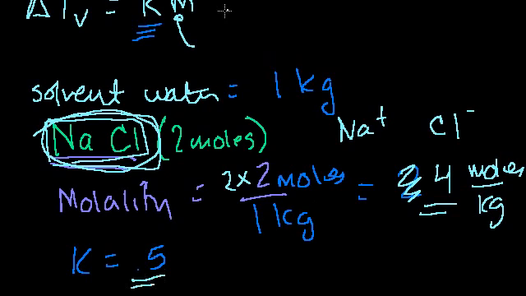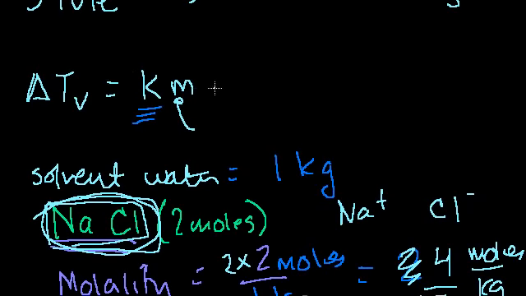And then the change in temperature is equal to that constant, 0.5 times 4, which is equal to 2 degrees. So my boiling point will be elevated by 2 degrees.